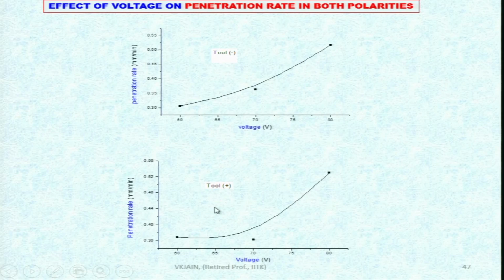Again, when the tool is positive, as voltage is increasing, penetration rate is also increasing, although at a particular voltage in both cases there is large deviation with reference to this simulated curve over here. Almost the same trend in both cases, that is reverse polarity and direct polarity.